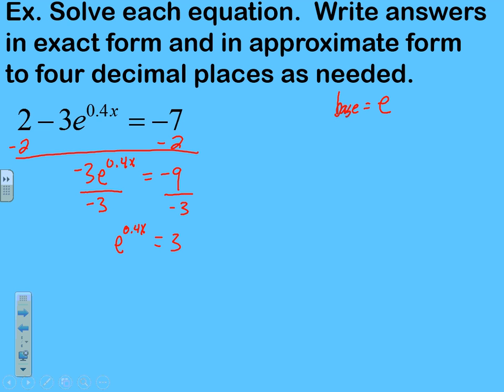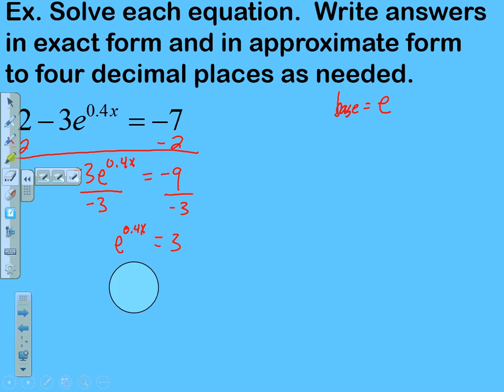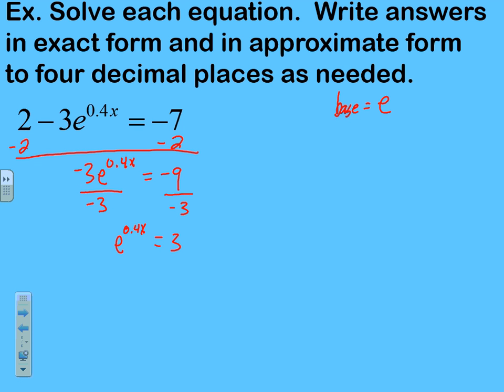So since we cannot convert the bases to have a common base, at this point what we will do is we will convert it from an exponent into a logarithm. I'm trying to convert it from an exponent to a logarithm, not the other way around.